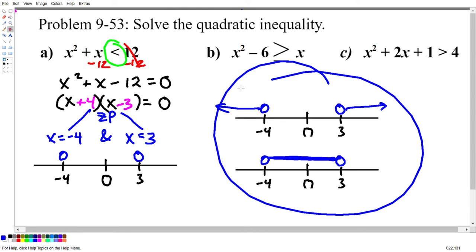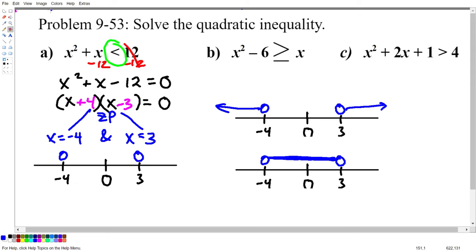So these two are my only two possibilities: it's going to be sort of thumbs out in region A and region C, or my second possibility is that my solutions will be in region B. Okay, so we have to decide which of these two it is.